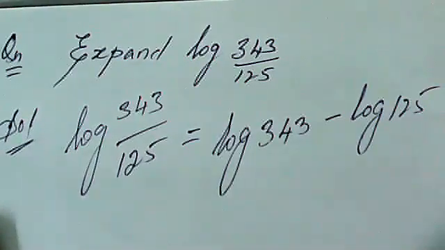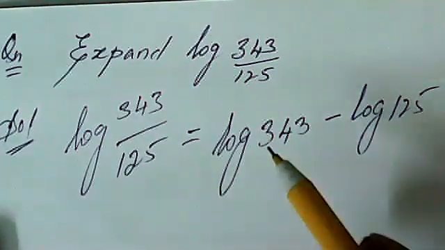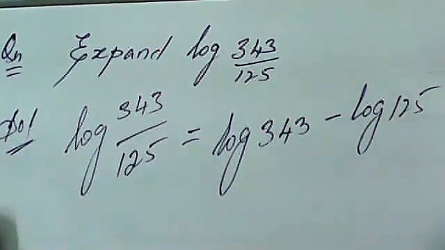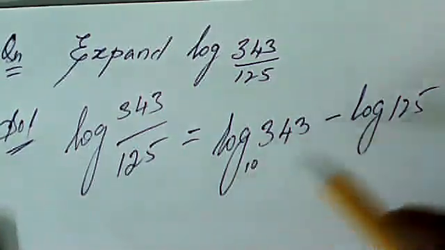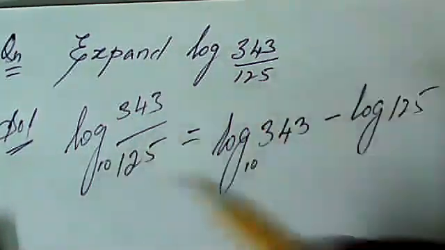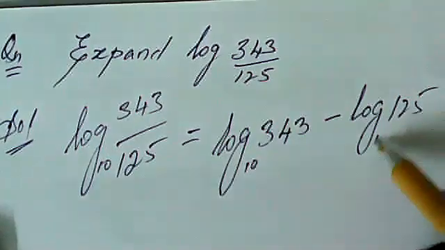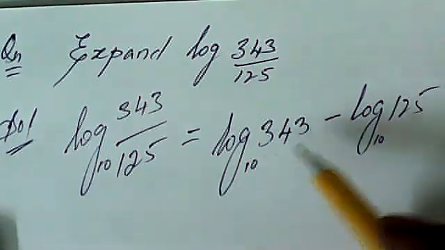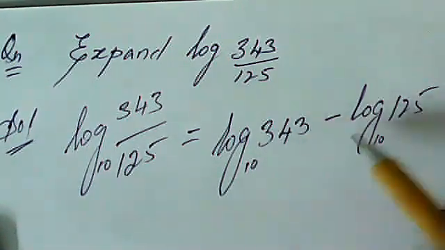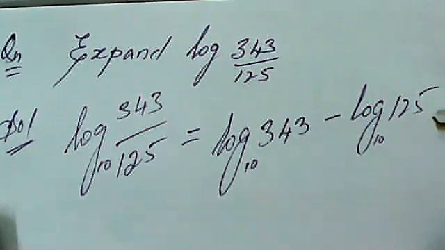Now what is the base? Base is not given here. If nothing is there, it is taken as base 10. Whether you write base 10 here or not doesn't matter. So log of 343 to base 10 minus log of 125 to base 10.